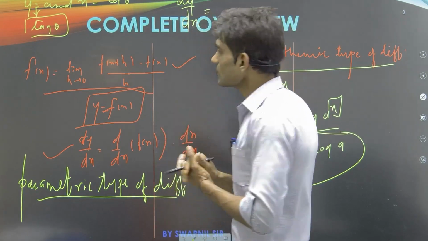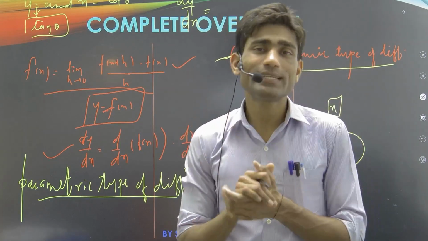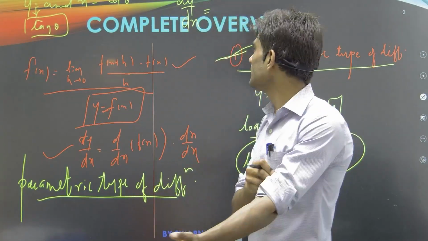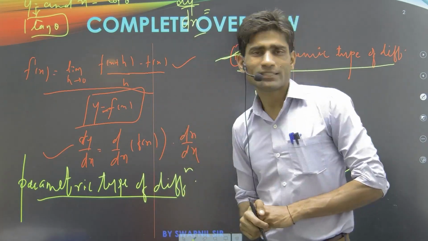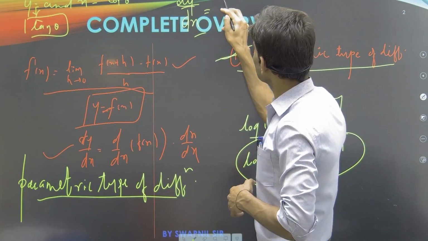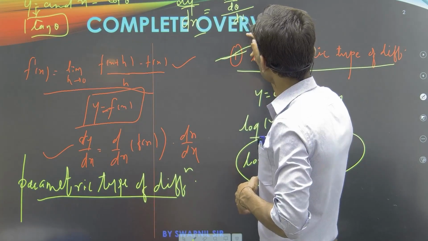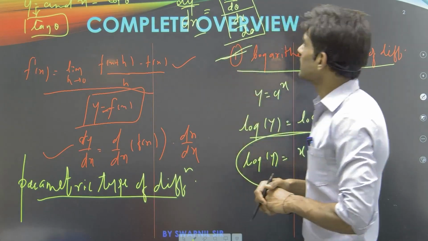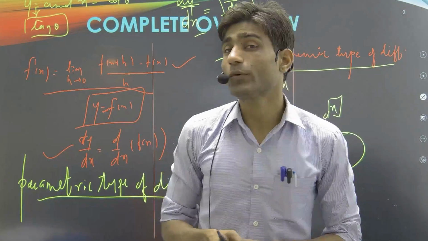As x is in the form of theta and y is in the form of theta, we differentiate y with respect to theta first, x with respect to theta second, and then we take their ratio. So we write it as dy by d theta upon dx by d theta, which is the parametric differentiation for our function.